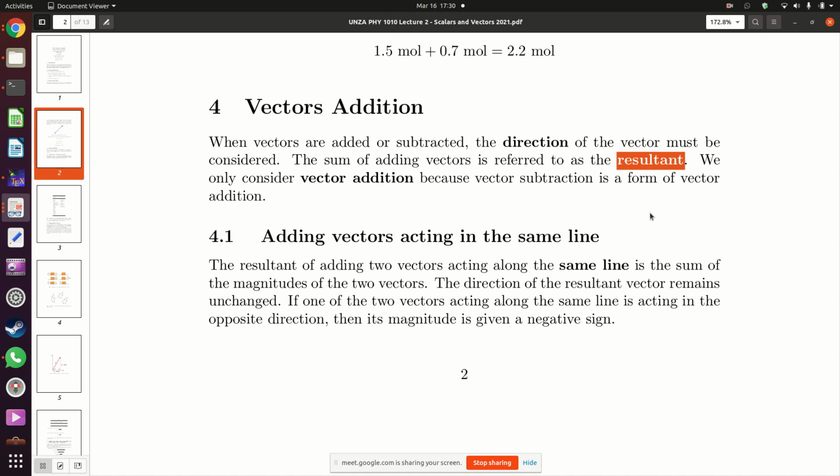Newton's second law talks about a resultant force, which is a force you get after you add a bunch of forces acting on an object. So we need to learn how to add vectors so that we are in a position to work out what this resultant is.